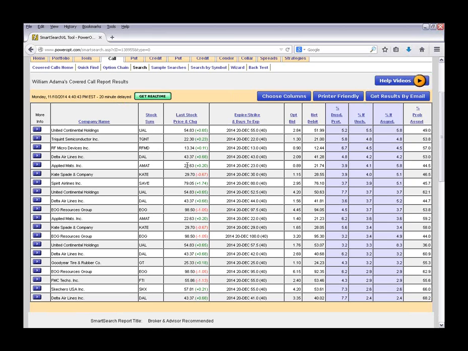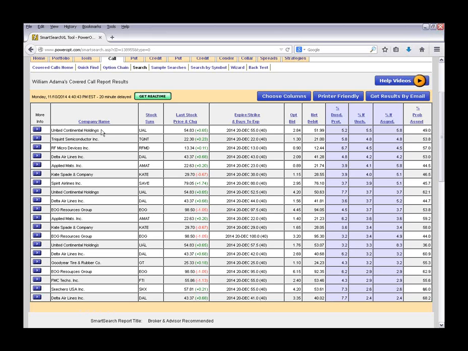And because we went to the Broker and Advisor Recommended screen, we see a lot of stocks that we're probably familiar with, a lot of stocks that we've seen or heard about in the news, large cap discussions, what we tend to call water cooler stocks from time to time. Things such as United Continental, Delta Airlines, Spirit Airlines is there as well. Applied Materials, of course, Goodyear Tire and Rubber, Skechers, and so on. So common stock names and common security positions.